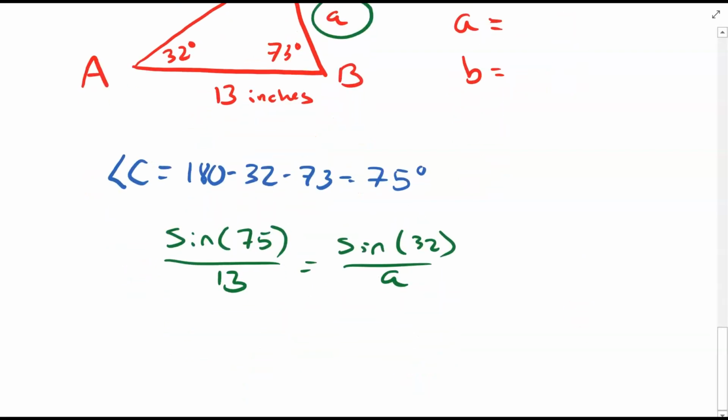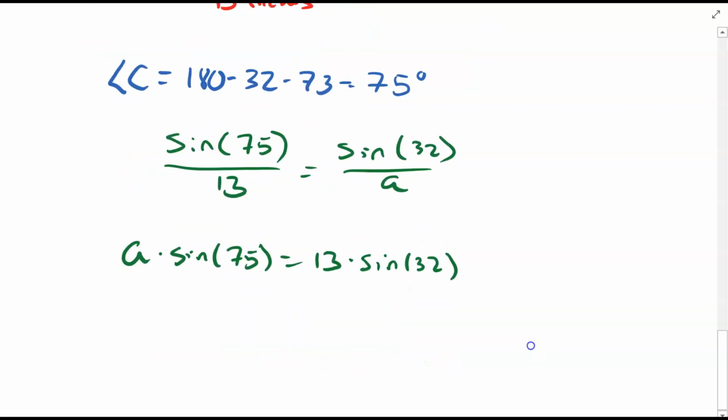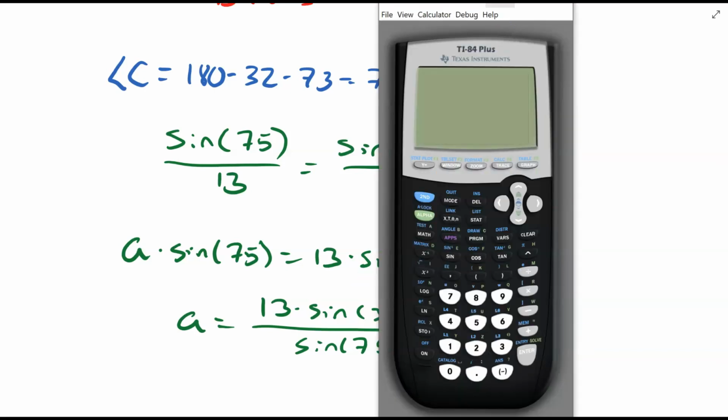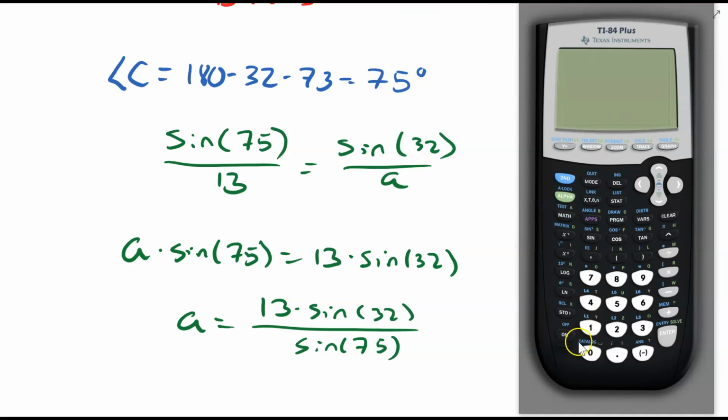So to solve this proportion, I'm going to cross multiply, and then divide. Everybody feel so far so good? Now it's calculator time. What mode do I need to be in on my calculator? Good.